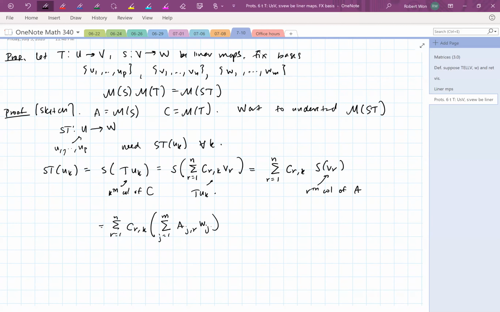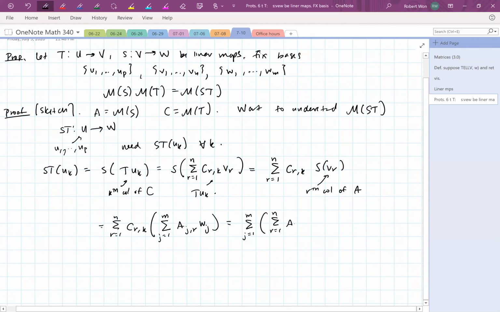Okay, but now I can re-index the sum. j equals 1 to m, r equals 1 to n, and these a's and these c's are scalars, so they commute, times w_j.